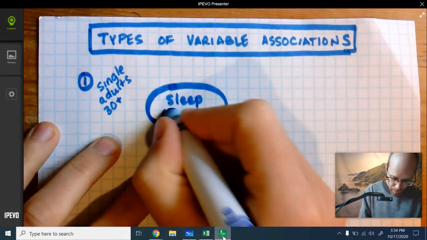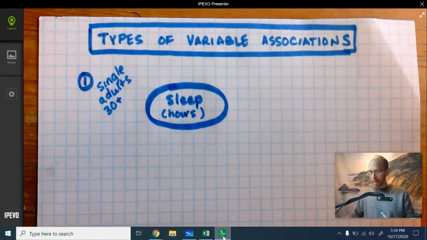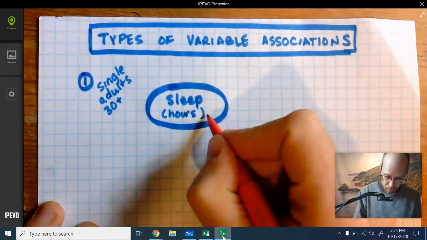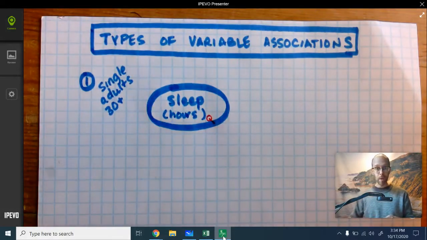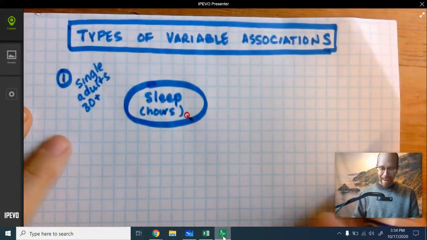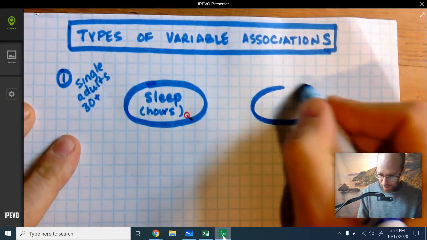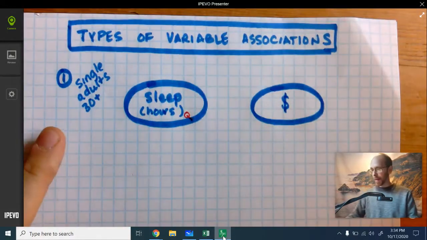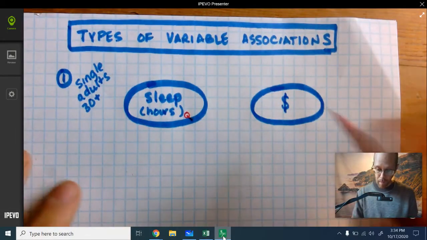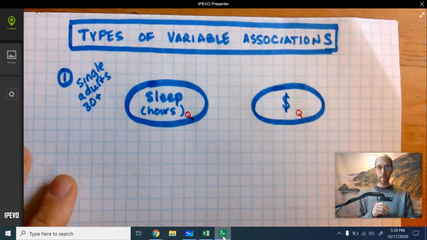And that's measured in hours. I'm going to just write a Q here to note that that's a quantitative variable that we're measuring. And then they were also asked the amount of money that they have in their bank account, which is measured in dollars. So that's also a quantitative variable.